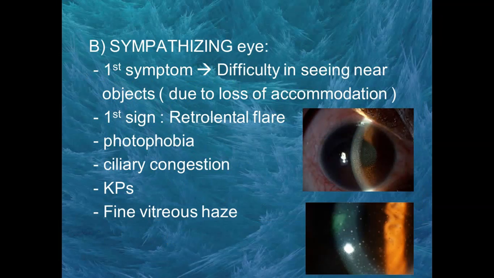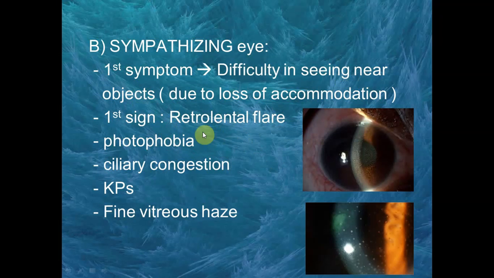In the sympathizing eye, what are the features? The first symptom that we see is difficulty in seeing near objects. This basically occurs due to a loss of accommodation. Whereas the first sign that we see is a retrolental flare. Flare is basically proteins that we see in the anterior chamber, and sometimes just behind the lens as well.